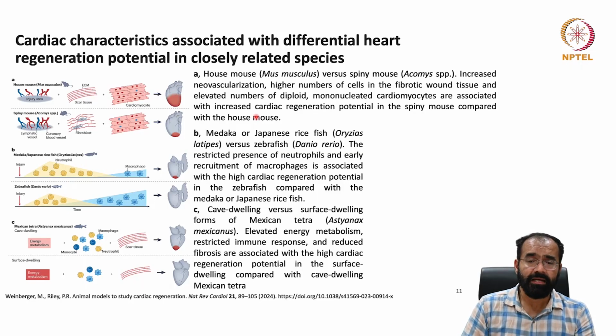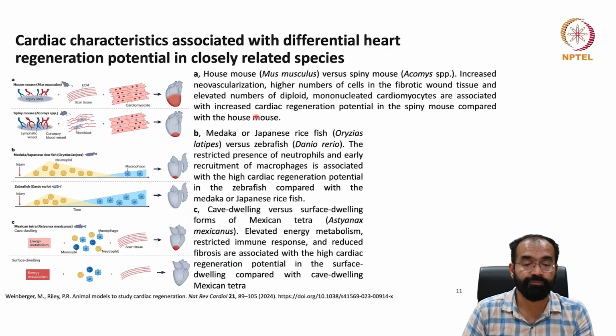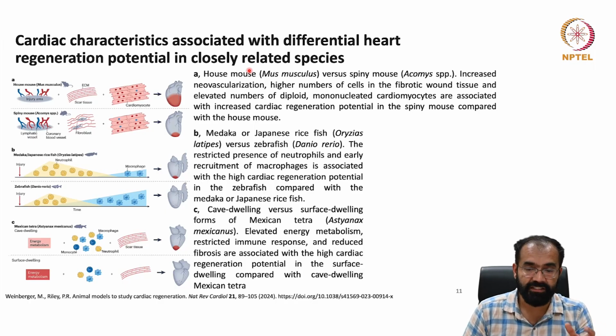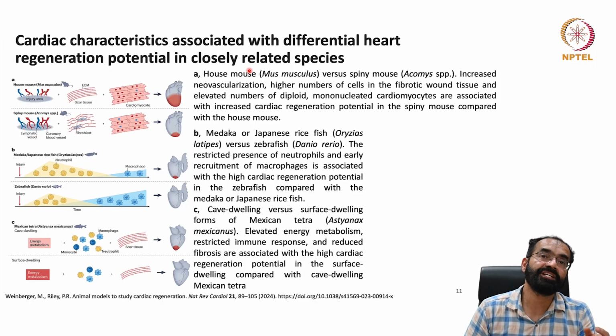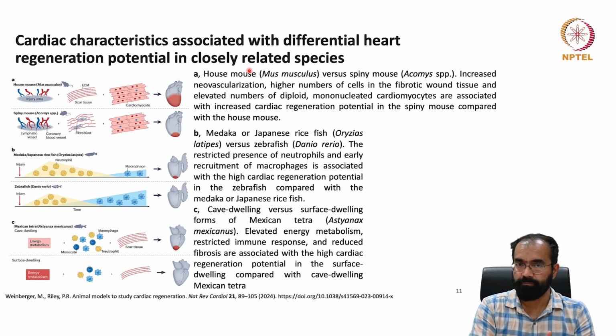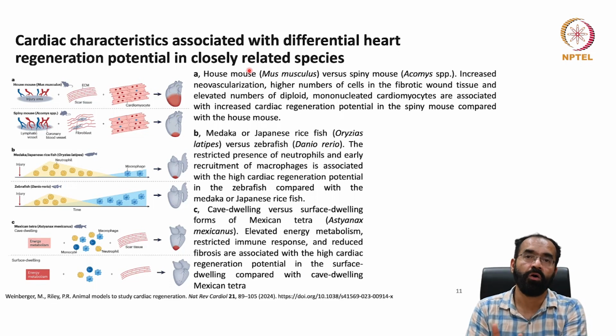So, cardiac muscle characteristics, if you look very closely, it is something very interesting. Cardiac muscle characteristics are associated with different types of heart regeneration depending upon which species you are talking about. What we have seen so far is many animals, based on their fetal, neonatal or adult stage, there is a variation.